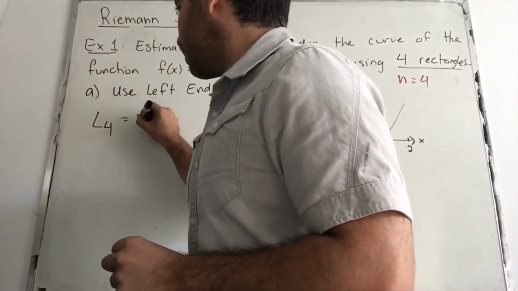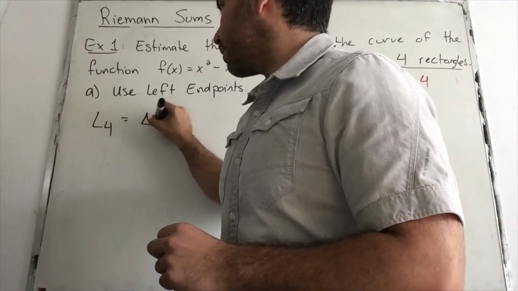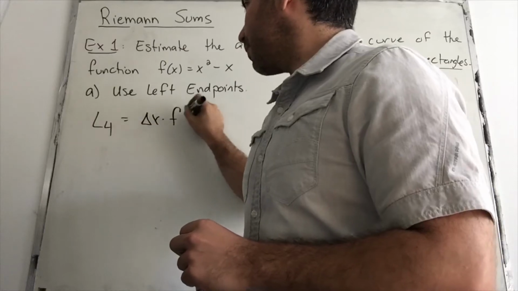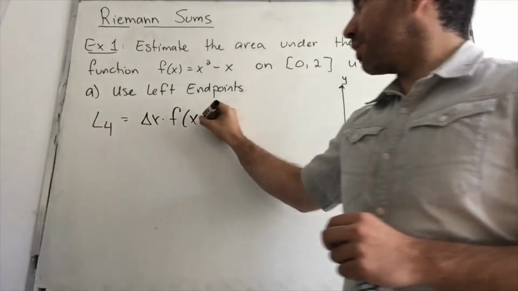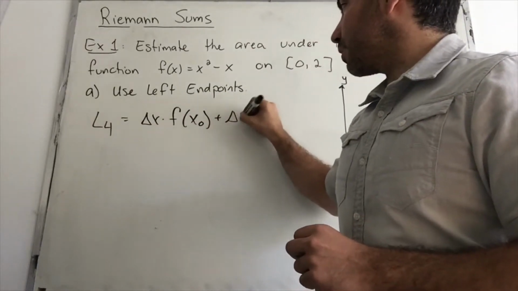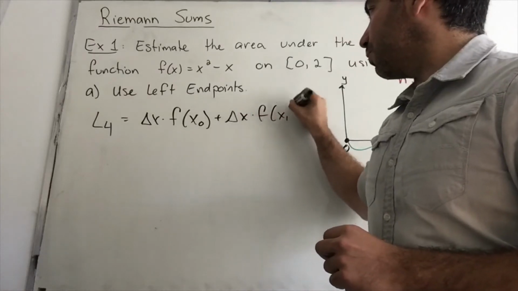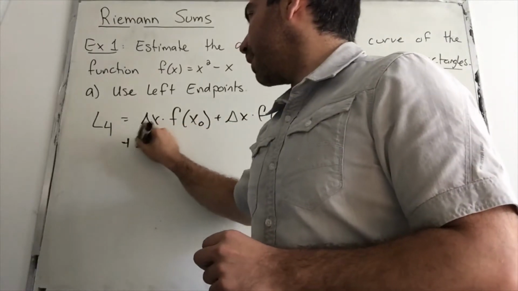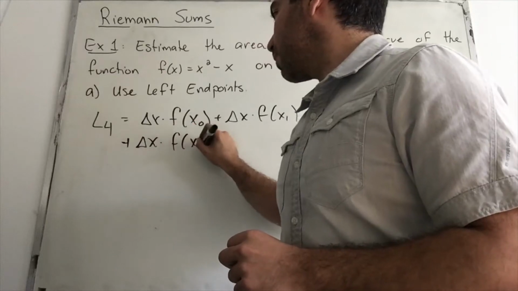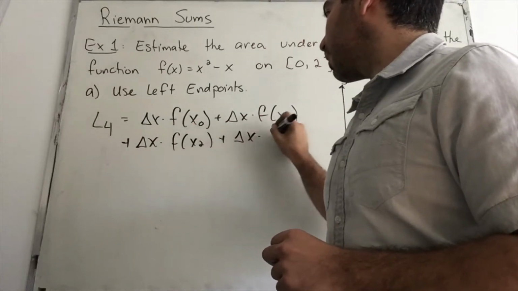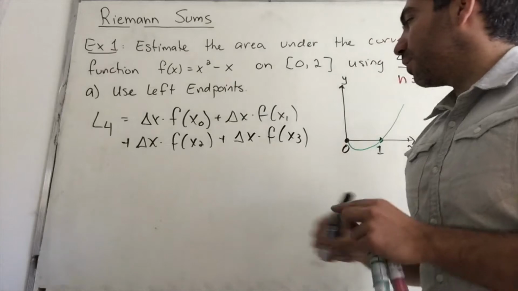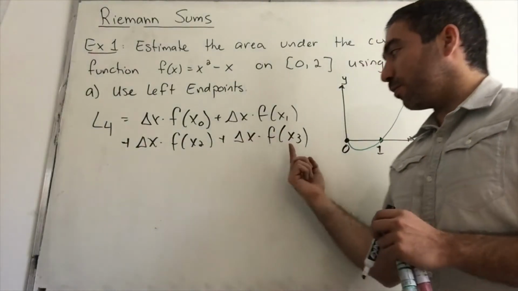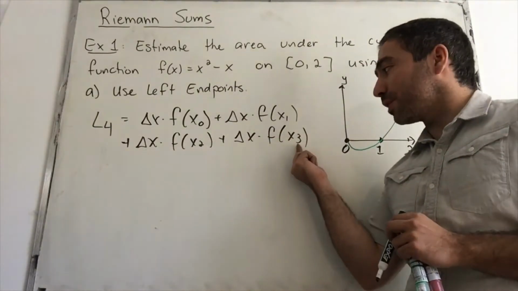So what we have here is essentially, without the limit, delta x times f of x0, since it's left endpoint, we're starting at 0, plus delta x times f of x1. I'm running out of room. Let's do it down here. Delta x times f of x2 plus delta x times f of x3. Right? We have 4 rectangles. We stop 1 short. Remember, using the formula was n minus 1.